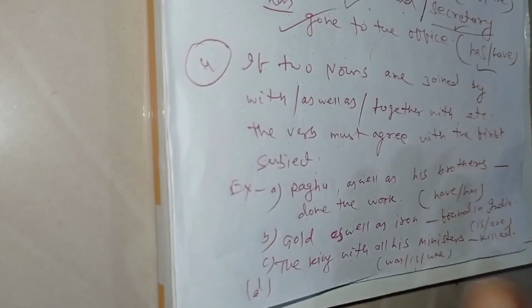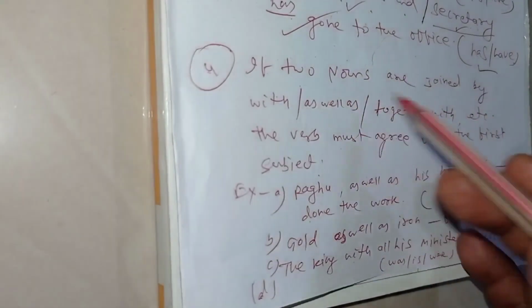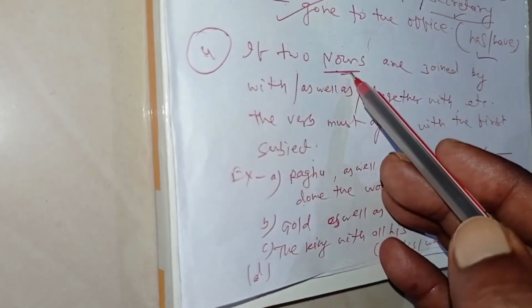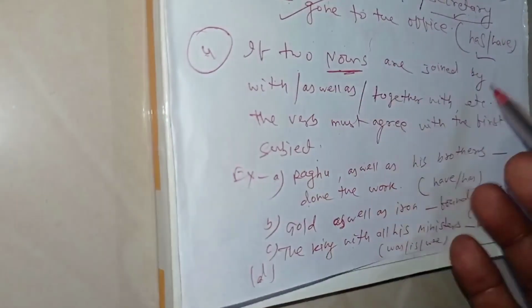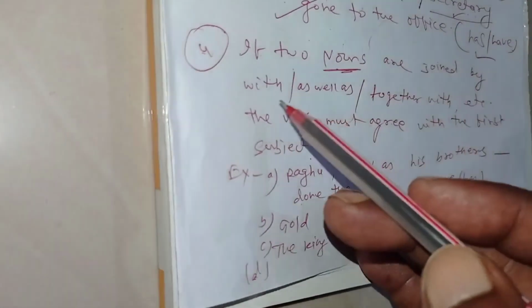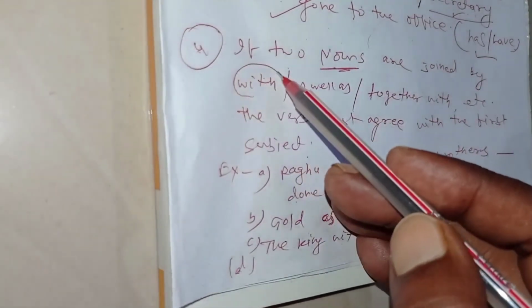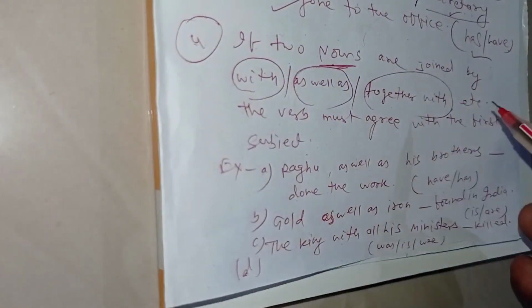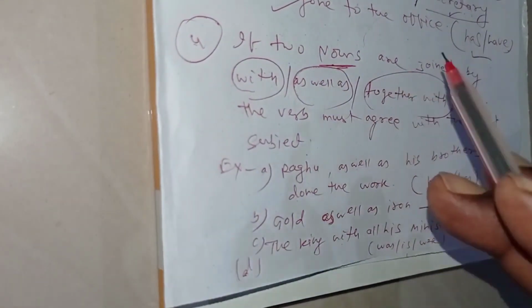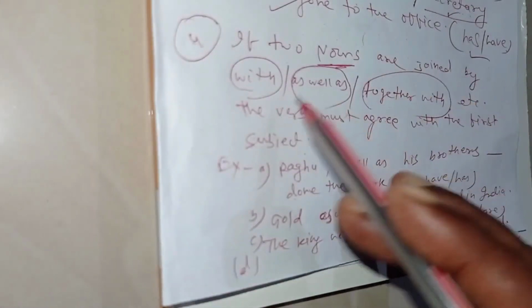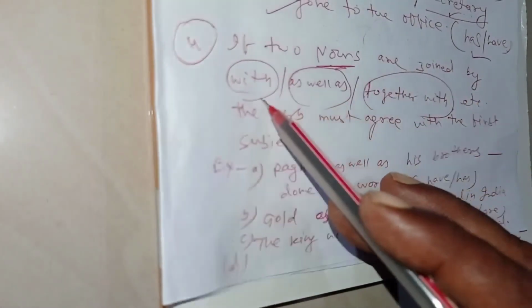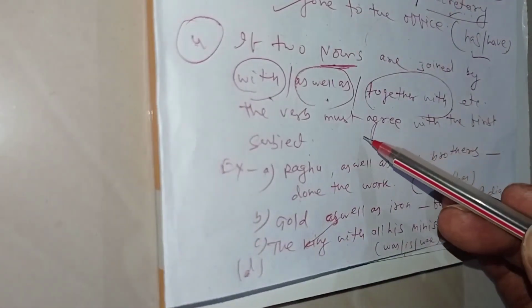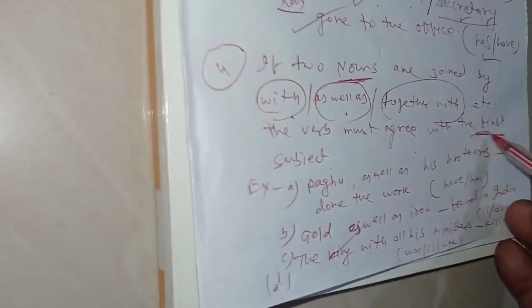Let us know another very important thing you have to remember for your correct use. If two nouns are joined by linking words, or joining words, like with, as well as, together with, etc., these are some linking words, you should remember that the verb must agree with the first subject.